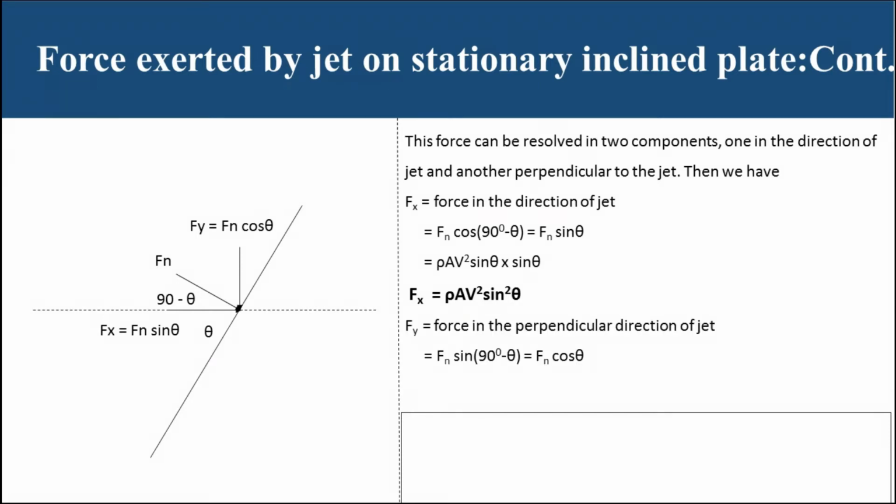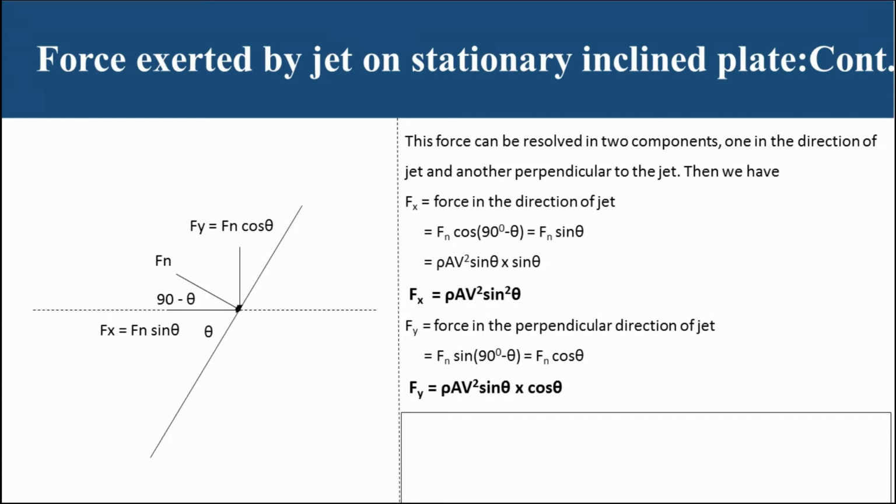Similarly, the force exerted in perpendicular direction or y direction to the direction of jet is denoted by Fy. So Fy equals Fn sin of 90 degree minus theta, or simply Fn cos theta. So we put the value of Fn, so it will become rho a v square sin theta cos theta.